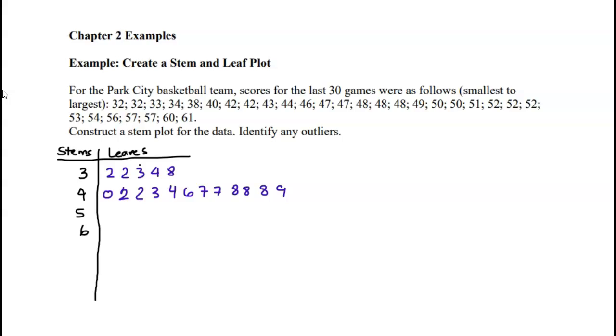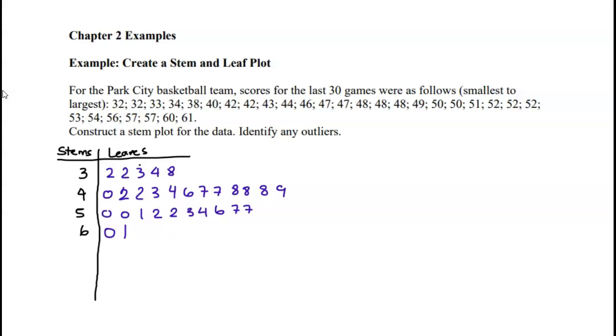So those are all the 40s. On the 50s, we have 50 and 50, 51, 52 and 52, 53, 54, 56, 57, 57. And then in the 60s, we have 60 and 61.